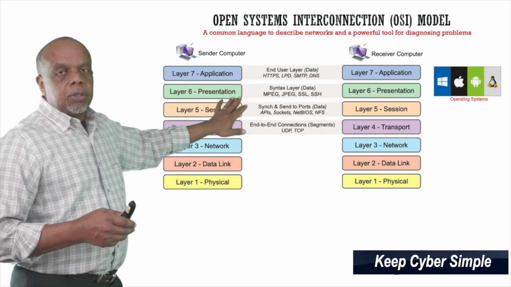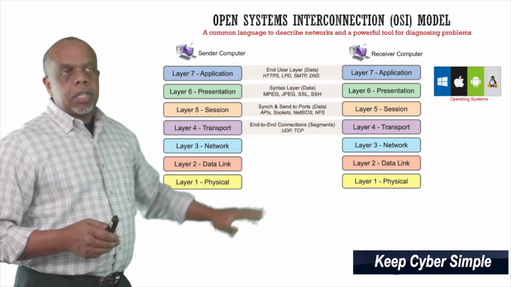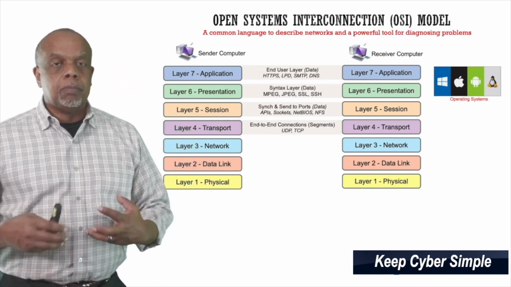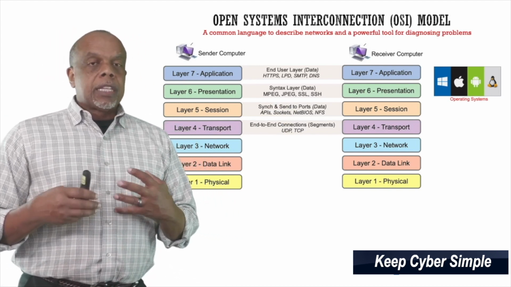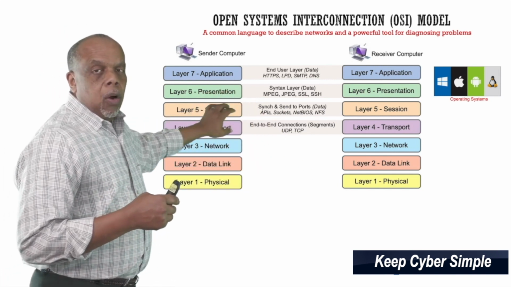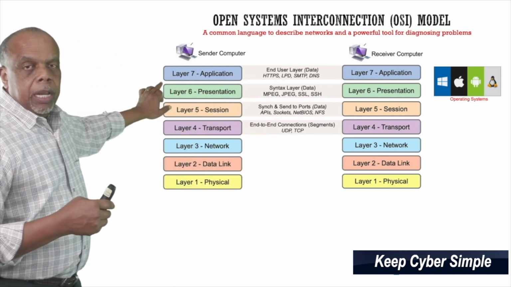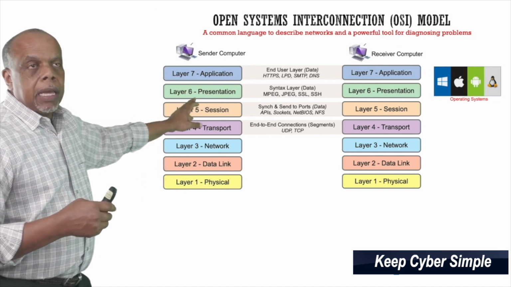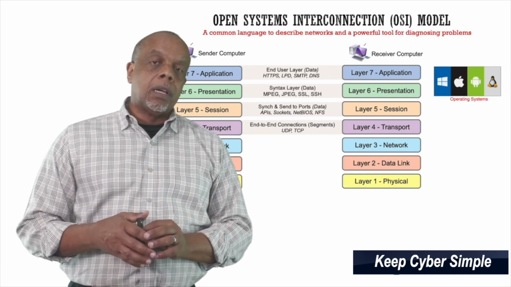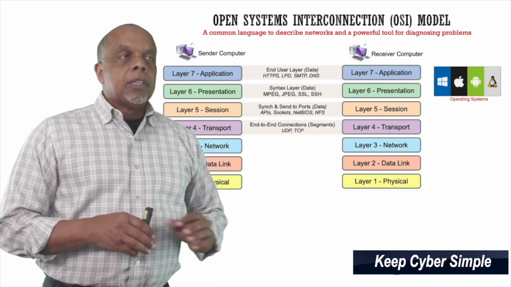So you'll see protocols here like MPEG and JPEG. This is how we're able to send pictures and music files across the internet, so that one computer can send it and another can read it. Or if I got my Word document and I want to encrypt it, that's where I use things like Secure Shell or Secure Socket Layer to do that. So that's layer 6.